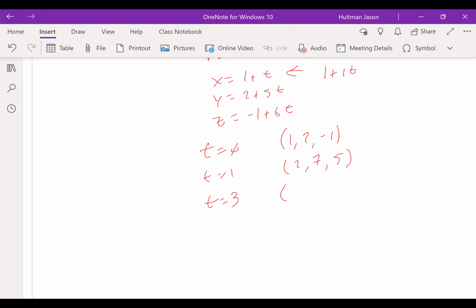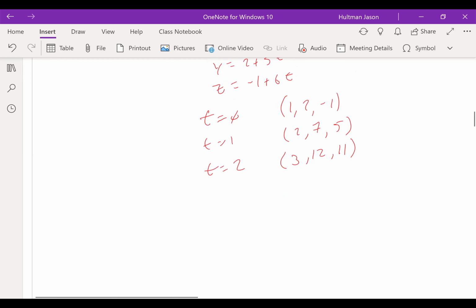Every time t goes up, x goes up 1. Every time I increase t, y goes up by 5, and z goes up by 6.